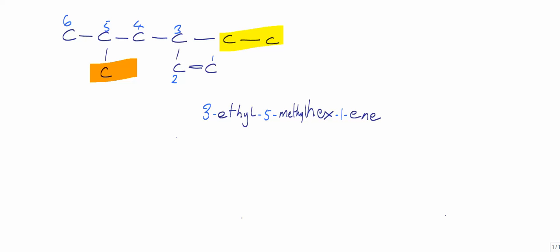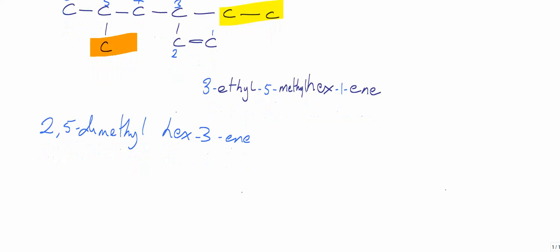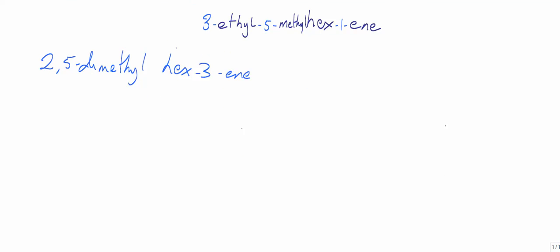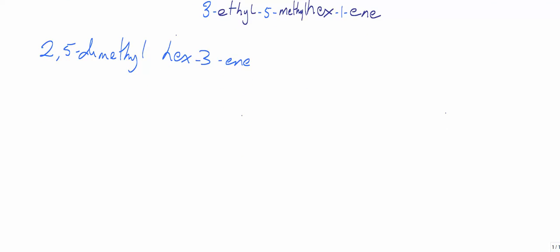If we go the other way around, say we have 2, 5 dimethyl hex 3 ene. Let's see if we can work out how to go about making the structure from that. Work backwards.